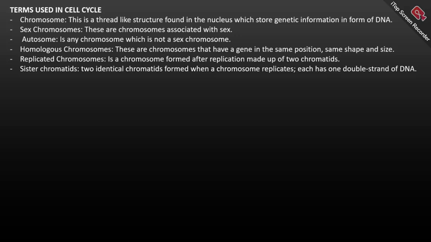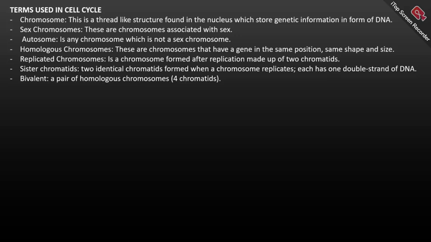Then there is the bivalent. Bi means two. So when two homologous chromosomes pair up, that is known as a bivalent, which we will talk about a lot when you start talking about meiosis.